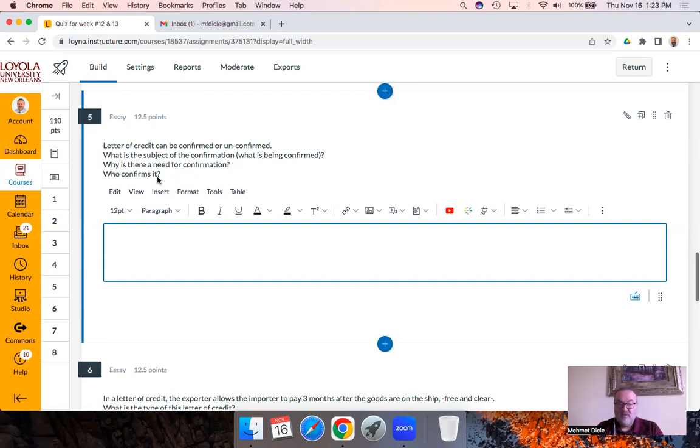Now, if I'm going to be using a bank that's not already accepted by the exporter, they may not agree to this. You know, ABC Bank out of, I don't know, some unheard of city, a tiny bitty company, or out of an offshore island, and the exporter simply may not be okay with this.